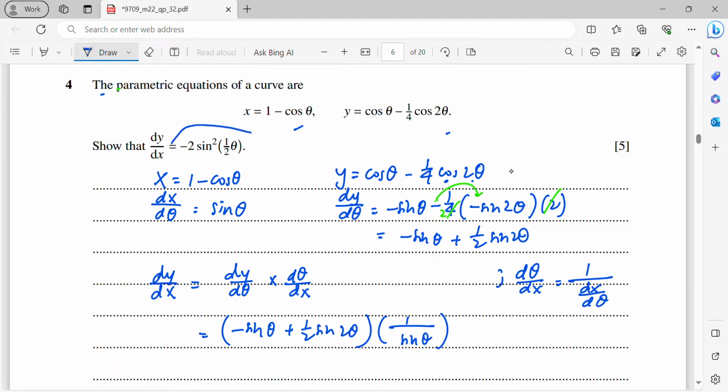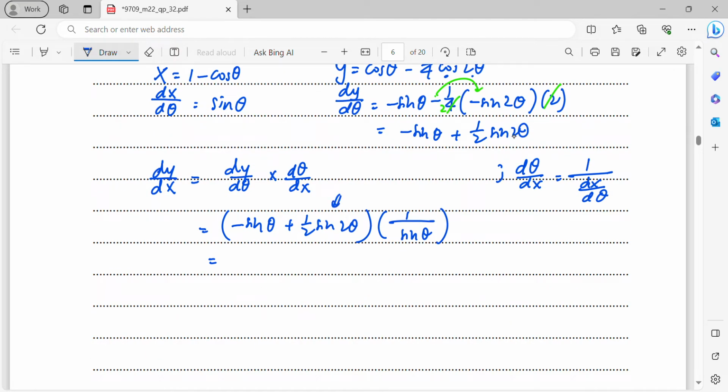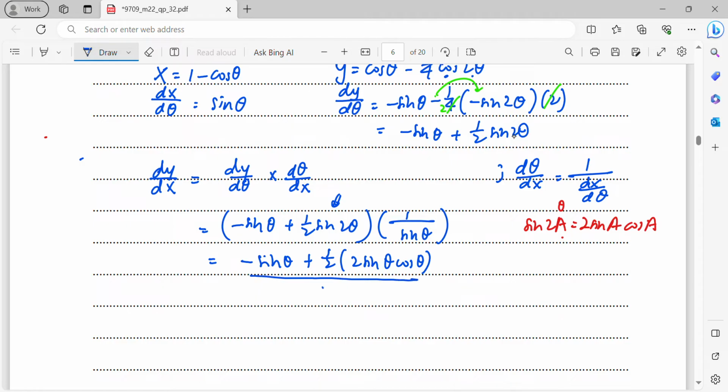To get 1 over sine theta here, because we have sine 2 theta, I need to use the double angle formula, sine 2a is 2 sine a cos a. So now your a is theta. That means now I will get minus sine theta plus half of 2 sine theta cos theta, then times 1 over sine theta, that means over sine theta.